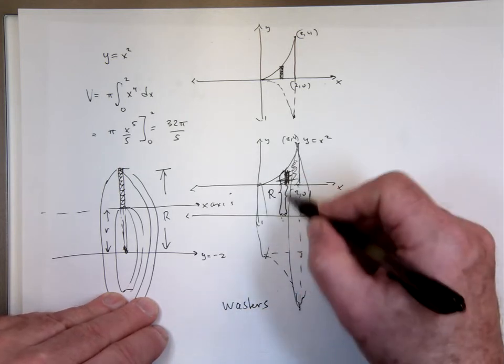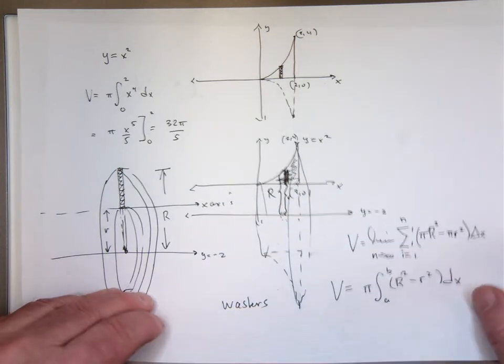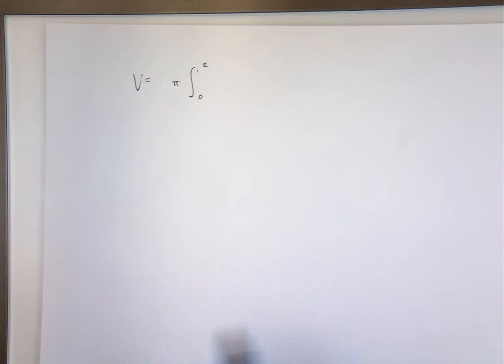Can someone tell me what big R is equal to? Delta x is going this way, so no. Let's go back here.